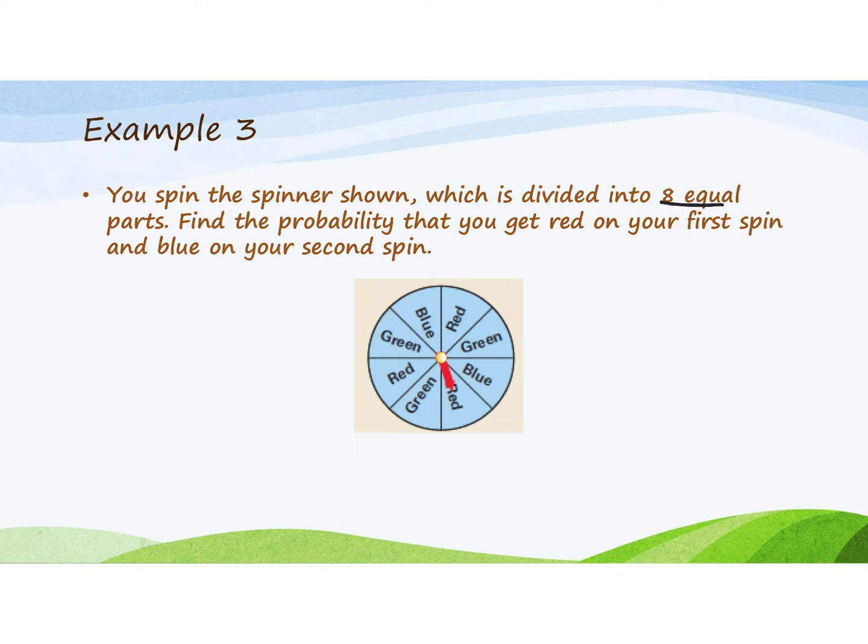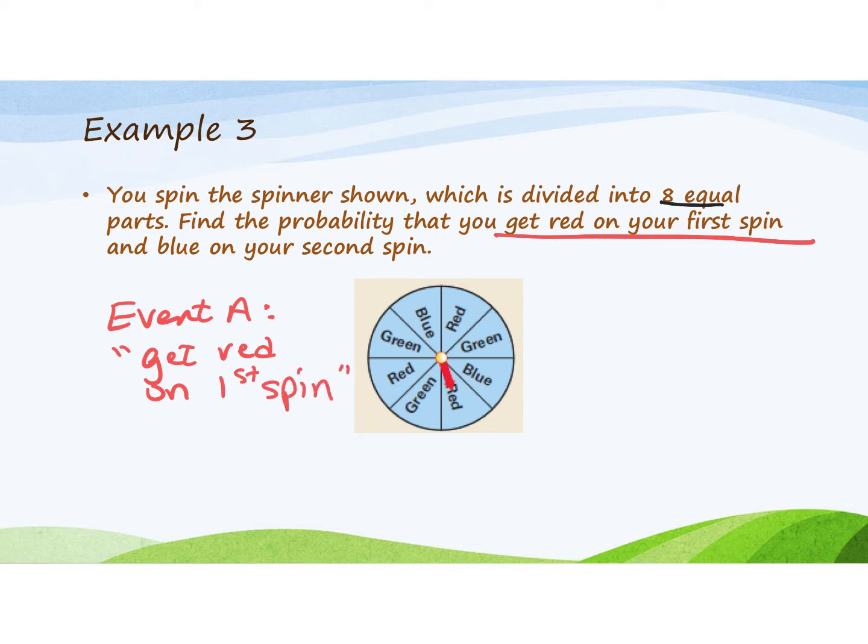So let me go ahead and use the letters A and B. I'm going to define my events here. Event A is getting red on my first spin.